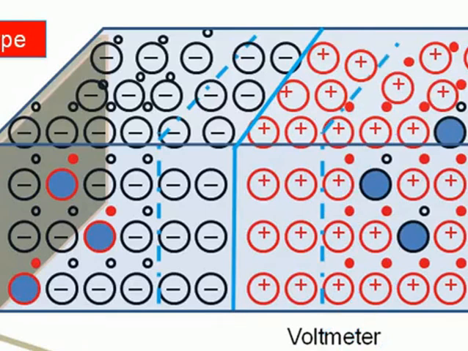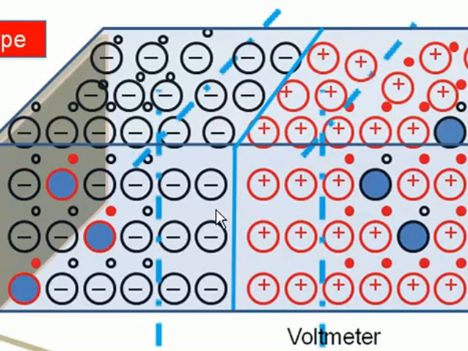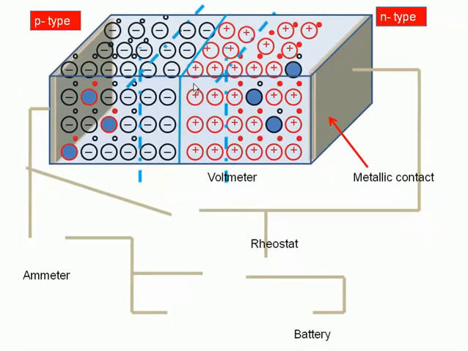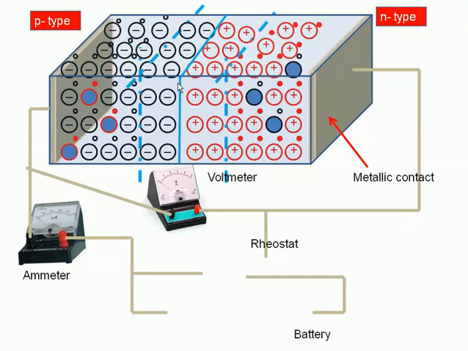So you have seen here that the depletion region increased this way. Now we will find the answer to why the depletion region increases in reverse biasing and how current flows. So I am connecting the ammeter, voltmeter, rheostat, and the battery.